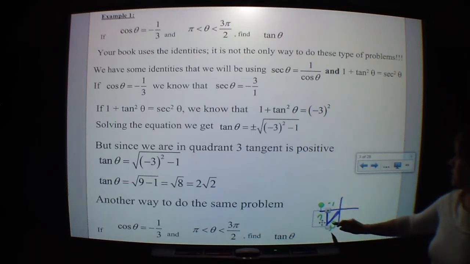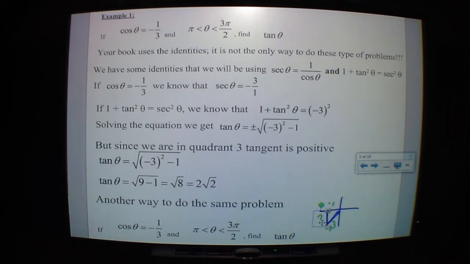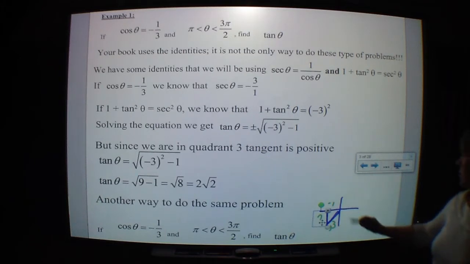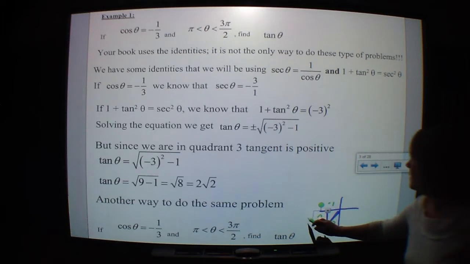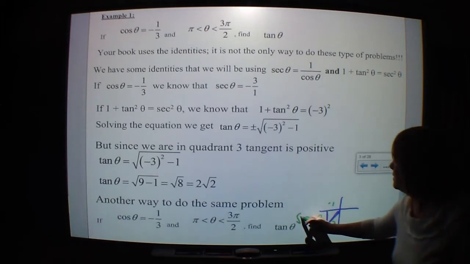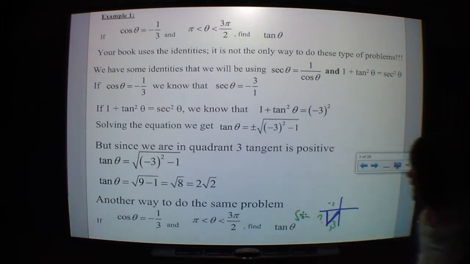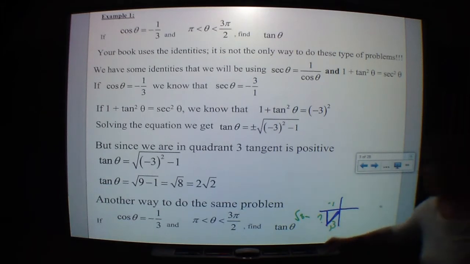So negative 1 quantity squared plus, call this y squared, is equal to 3 squared. 3 squared minus 1 squared is 9 minus 1 is 8. So you get radical 8. And radical 8 is 2 radical 2. And in this quadrant it's negative.